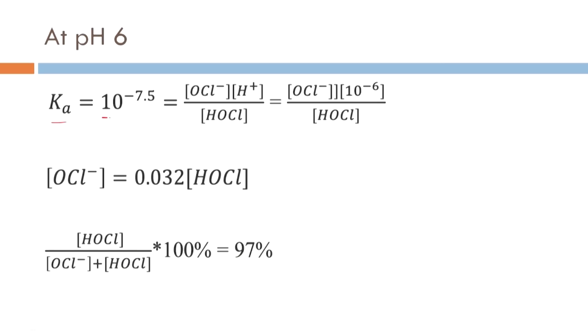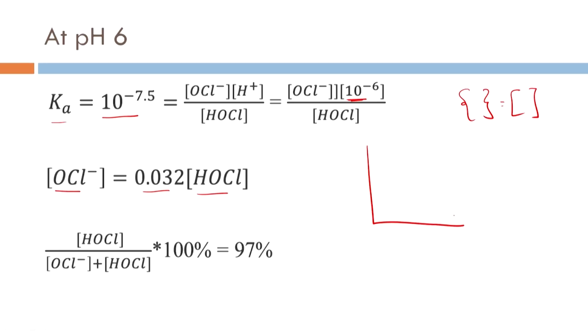Ka is given as 10 power minus 7.5 and we just wrote down the relevant equation earlier. Activity we are assuming is equal to concentration, since the ionic strength is low. Here the pH is 6, that is why the concentration of H plus is 10 power minus 6. So, OCl minus will be 0.03 times HOCl.